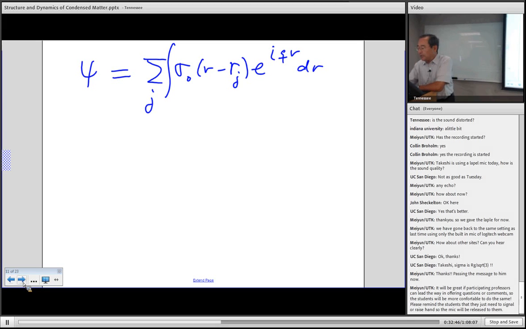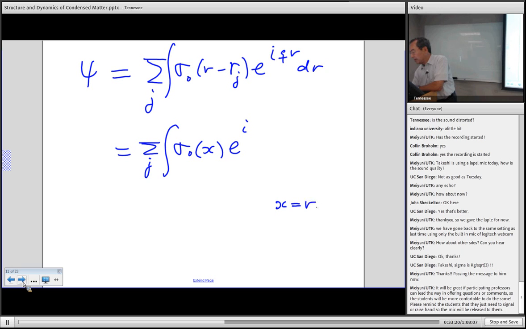So we can switch the parameter so that this becomes the sum over j of the integral of rho 0 of x, where x is r minus rj.